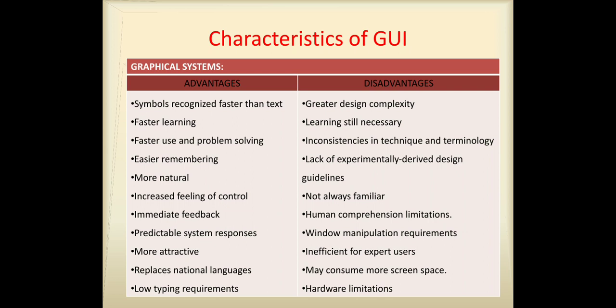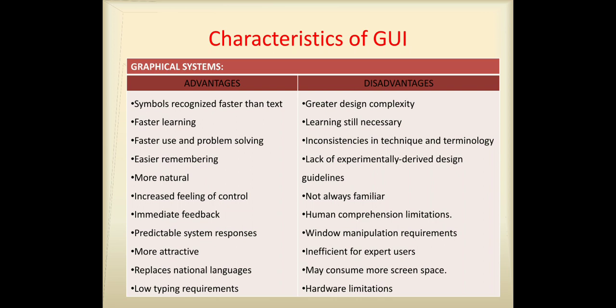And in such systems, it's very easy to predict the system's responses. So, predictable system responses also speed up the learning. And then it's more attractive because direct manipulation systems are more entertaining, clever, and more appealing.